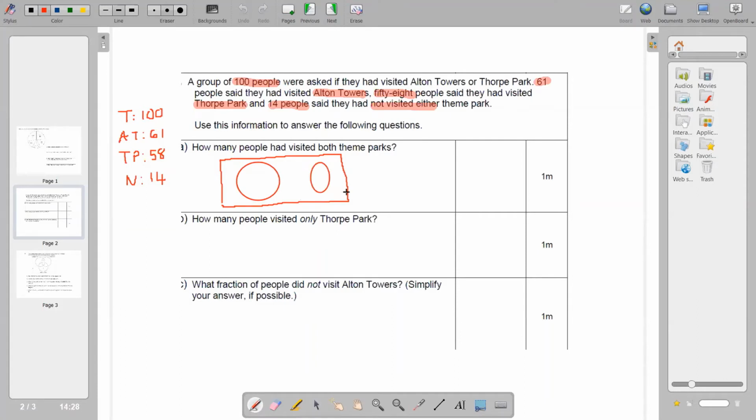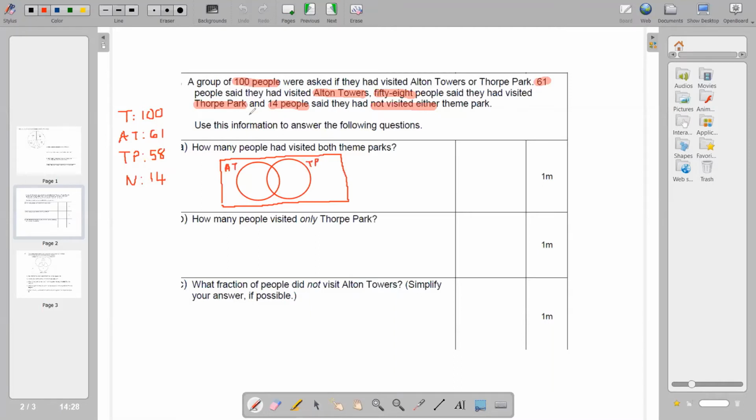Let's draw another circle there, and ideally I want those to overlap. Perfect. Lovely. Then I'm going to label these. This is my Alton Towers circle over here, and this is my Thorpe Park circle over here.